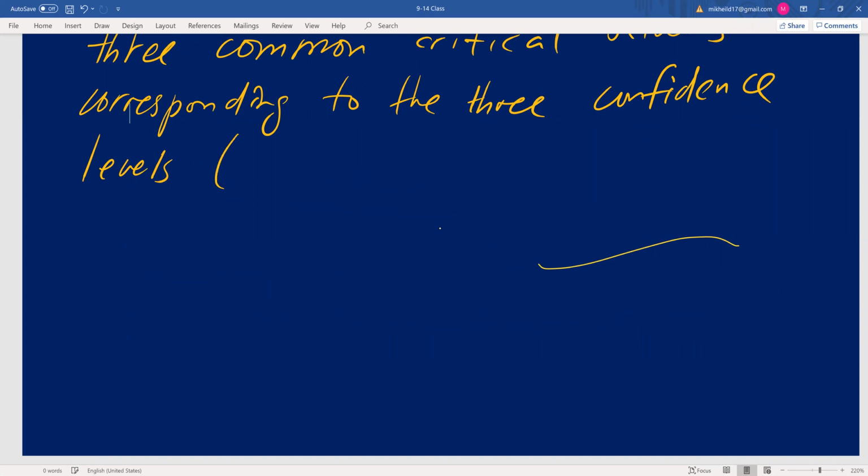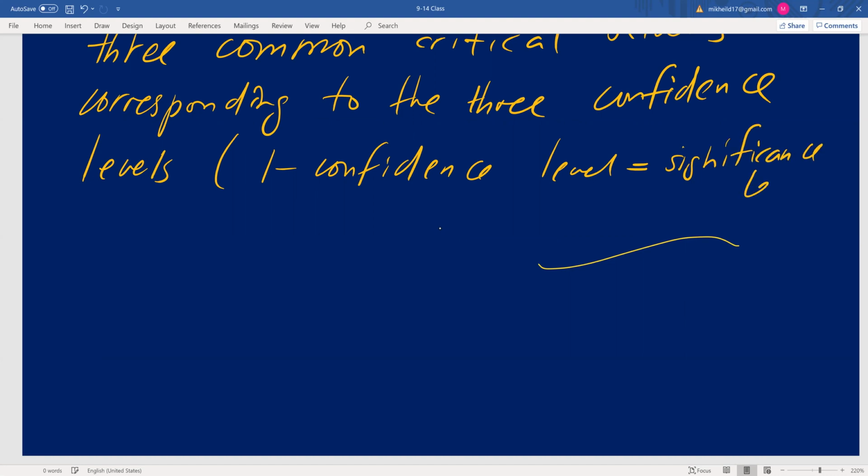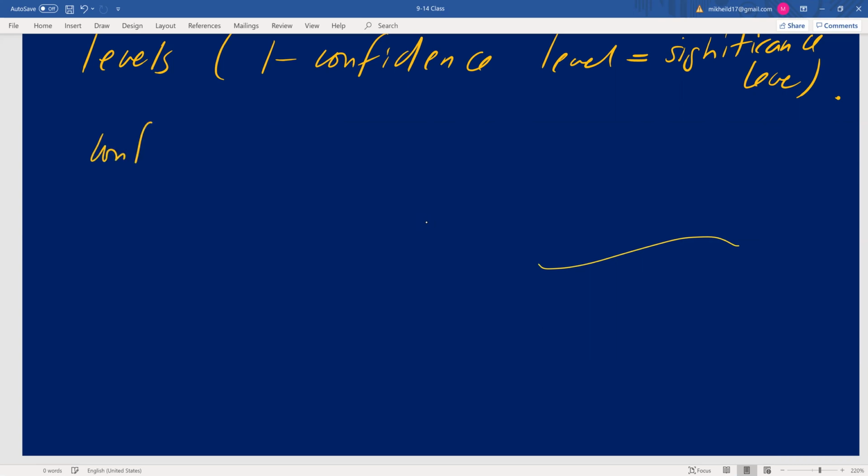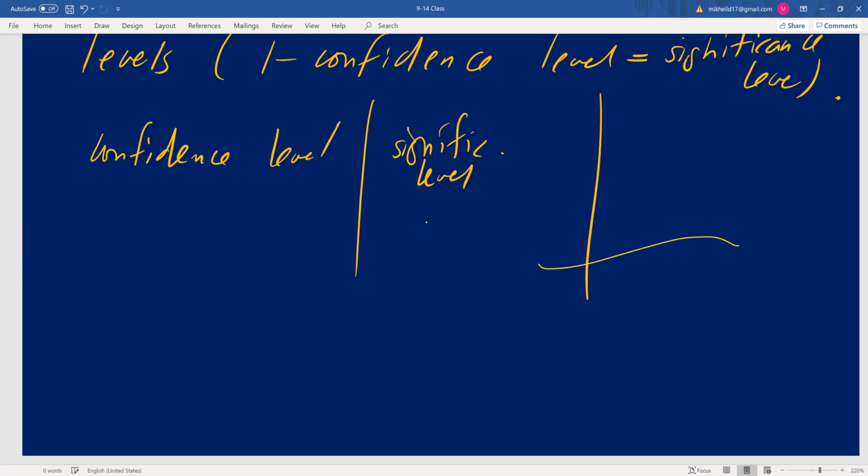No need to remember, but note that 1 minus the confidence level equals the significance level. The 3 common confidence levels are, with significance level and critical values.